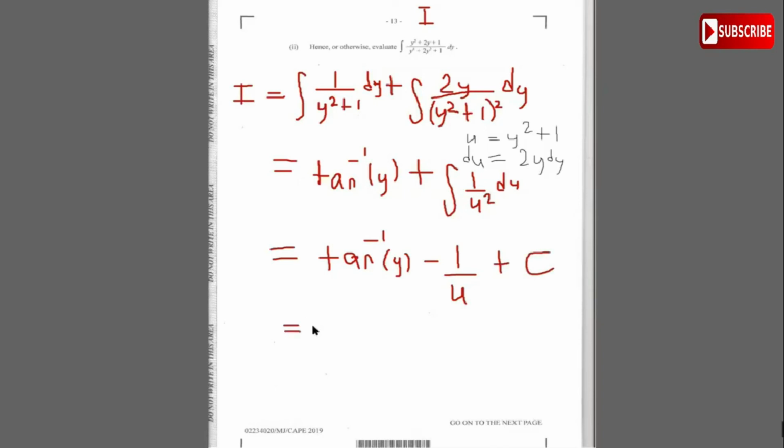So this is just tan inverse of y minus 1 over u, which is minus 1 over y squared plus 1, plus some constant c. Nice and easy, soft. Nice. That's how we do it. Nice and easy. Moving right along. Oh, we finished.